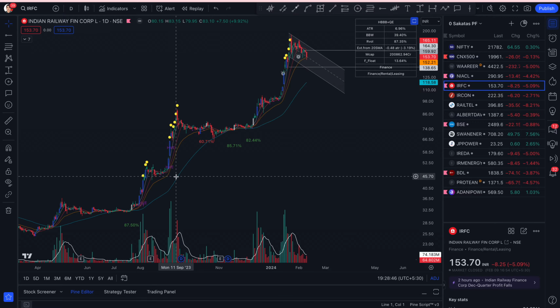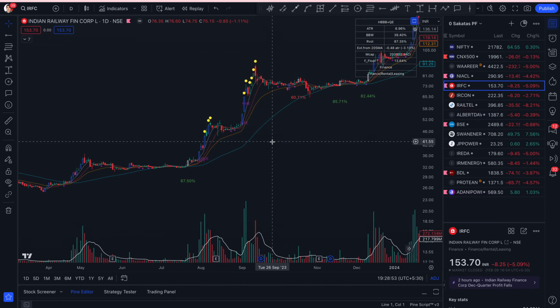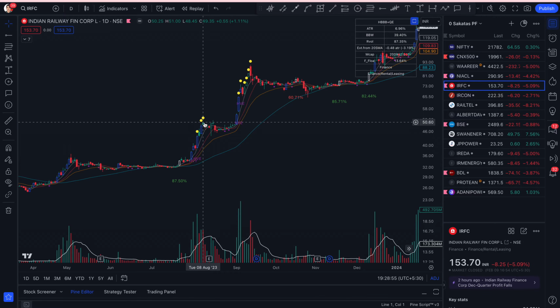Now, any stock cannot go up forever and ever, because nothing works like that. So at some point of time, it basically reverts back to its mean. What is the mean? Mean is basically the average stock price in the last X days.